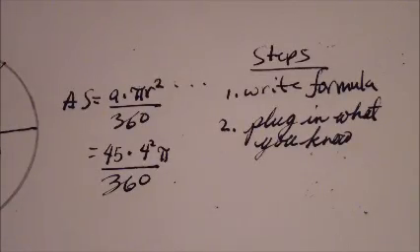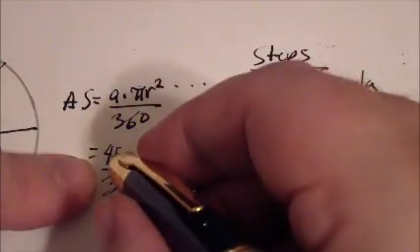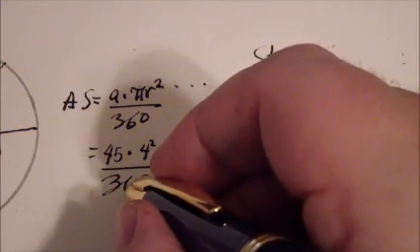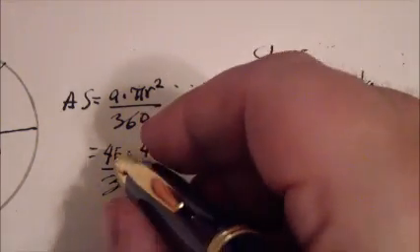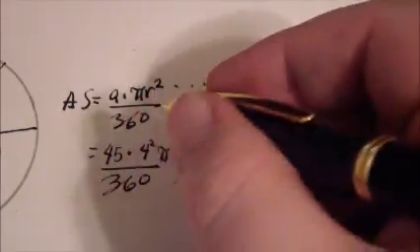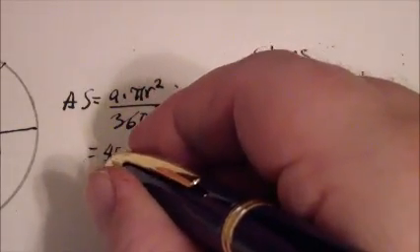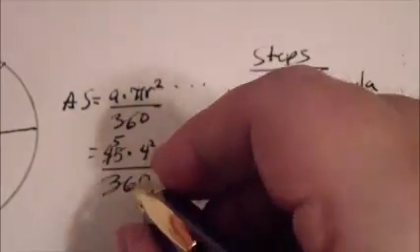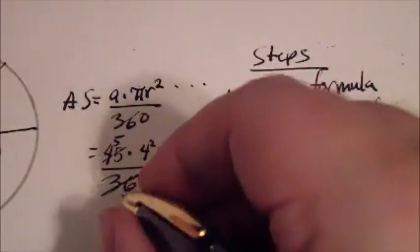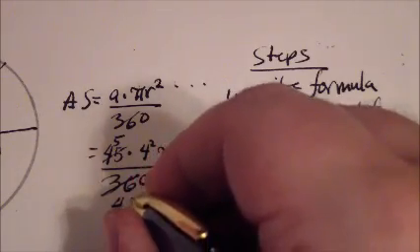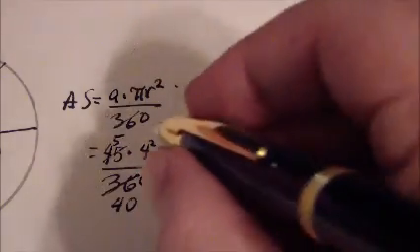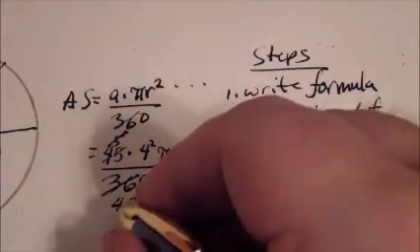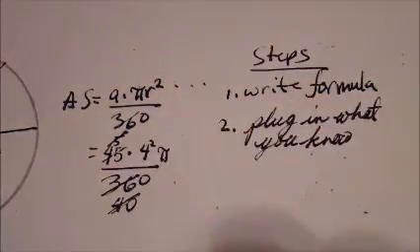Well, we can reduce this. We know that 45 can actually go into 360 degrees. Well, let's break it up even smaller than that. We know that 9 goes into 45 5 times. We know that 9 goes into 36 4 times. That means it goes into this guy 40. We have 5 up here. Cancel that out. 5 goes into 40 8 times.